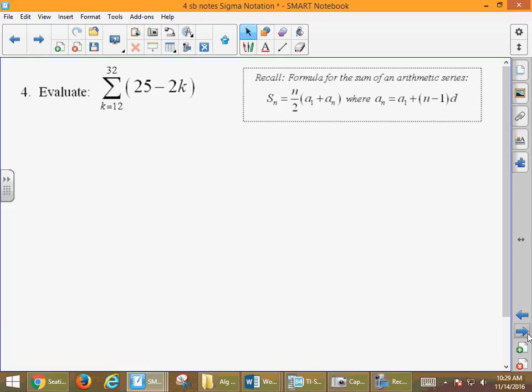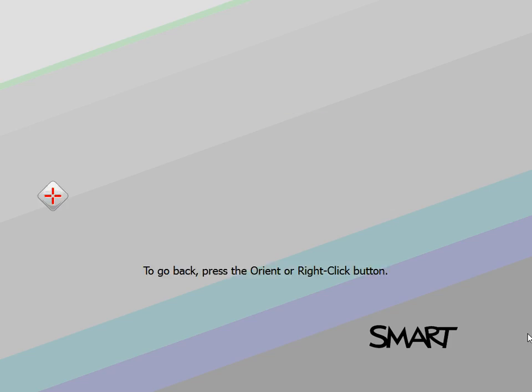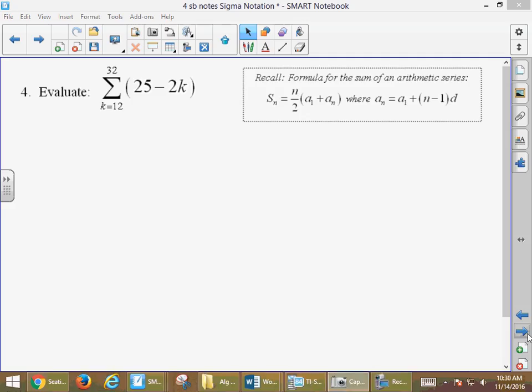It's not quite as daunting because we're going from k is 12 to 32. But when we start this here, we are going to start with k equals 12. So you can get a little bit of a head start on me while I orient this board. K equals 12.